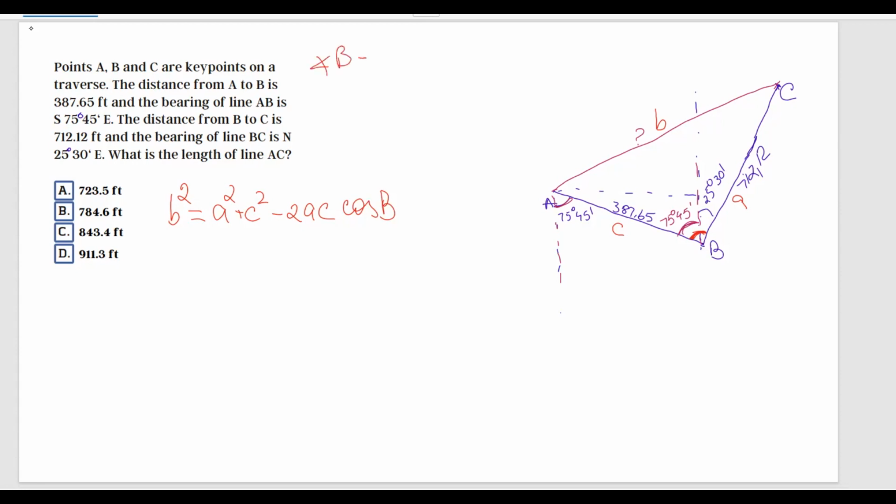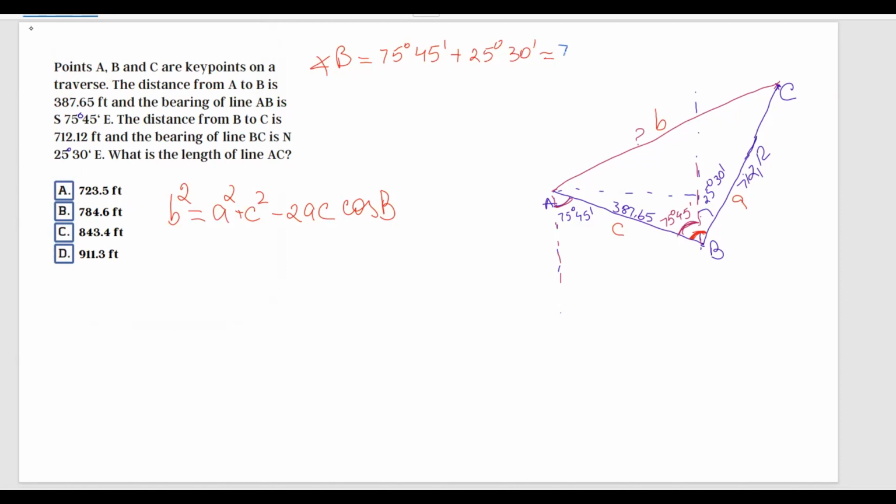Angle B is equal to 75 degrees, 45 minutes plus 25 degrees and 30 minutes. Let's do a little bit of exercise of transforming minutes into degrees.